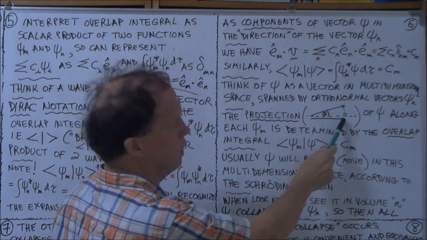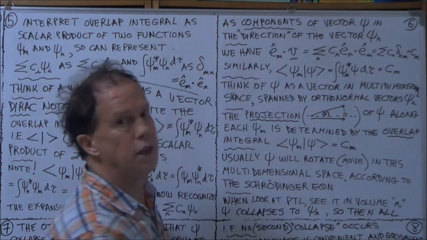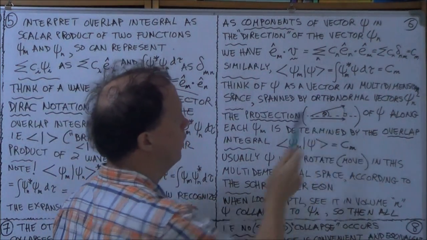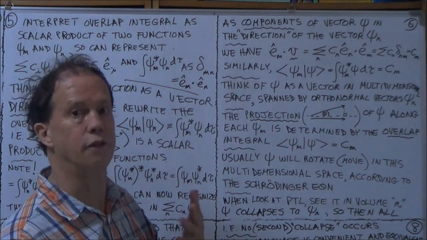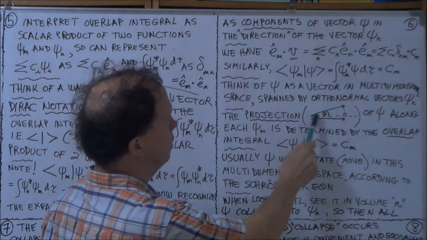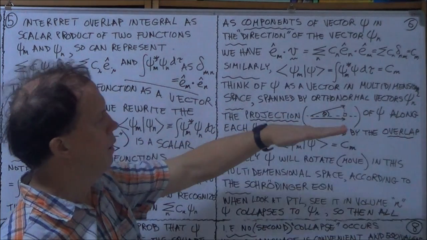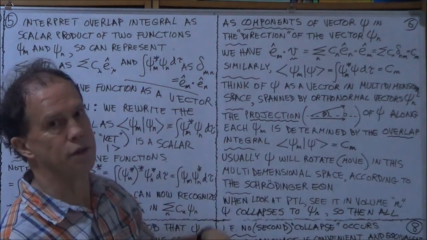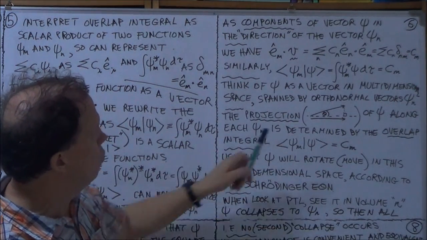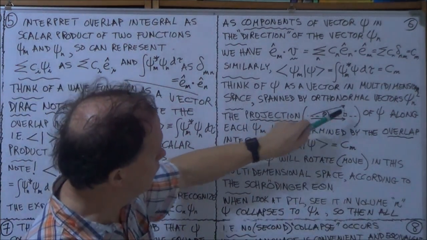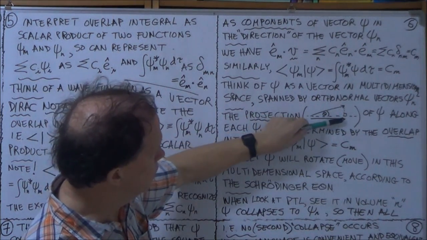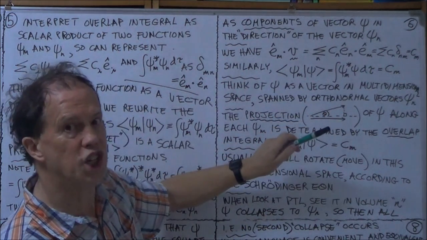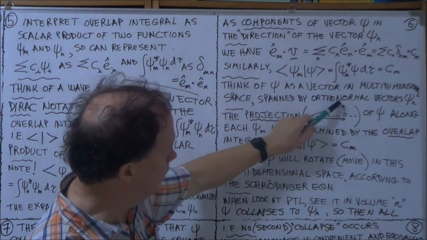This shadow, this vector that you get here, is called the projection of this one. So think of a projection as a kind of shadow onto a space, in this case a plane, a space of smaller dimensions. So you can project this vector into this one.